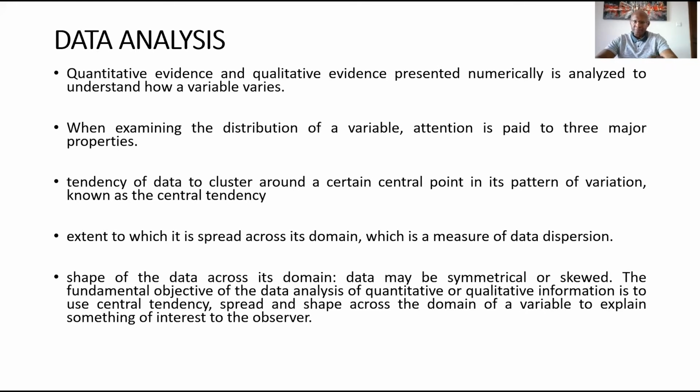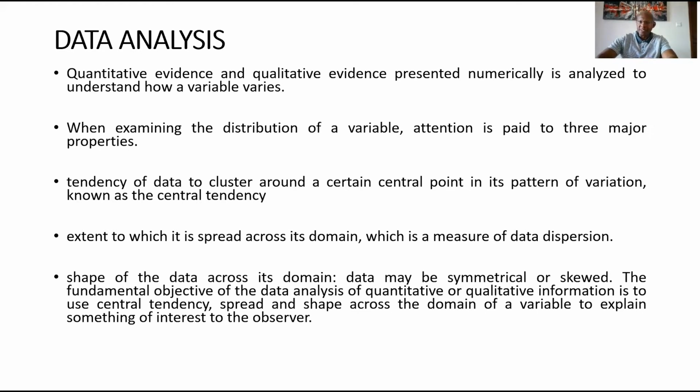The other is what we call the extent to which it is spread across its domain. And this is a measure of data dispersion. How spread is it? Is it all over the population that you are observing in the analysis, or is it for a small number? But also the shape of the data across the domain.